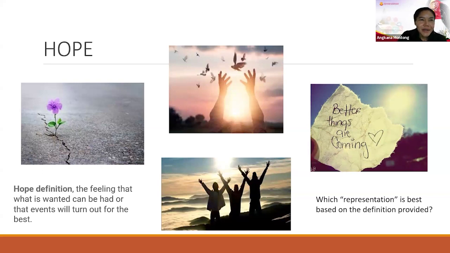I hope for everything and I hope for my study here. Okay. So for you, picture number 4 is the best match for our definition of hope. Okay, I like a definition like this. One more person.